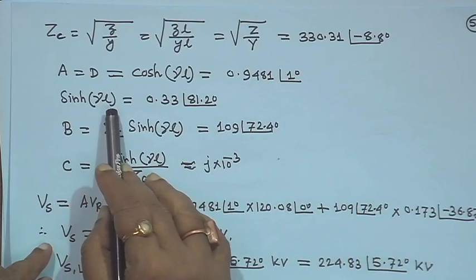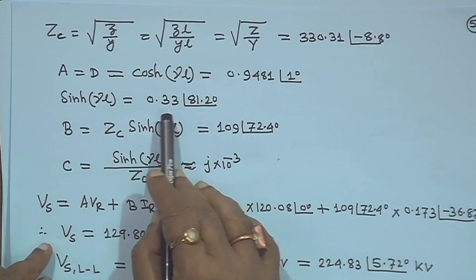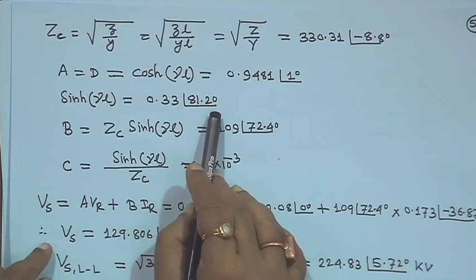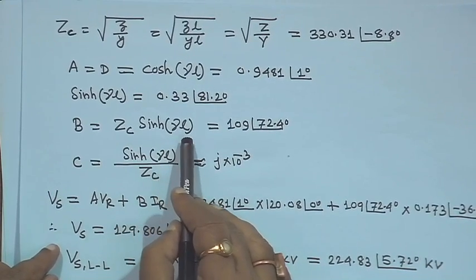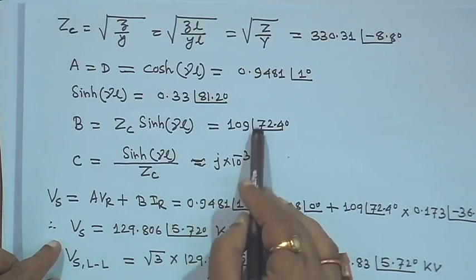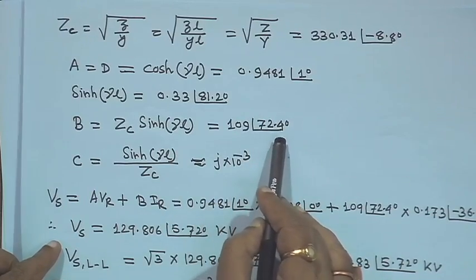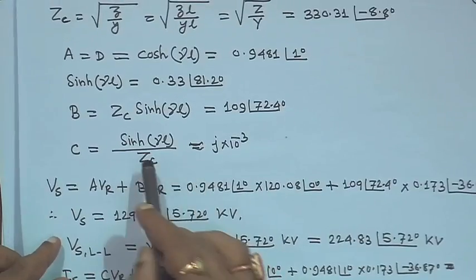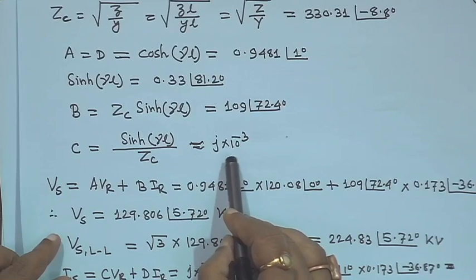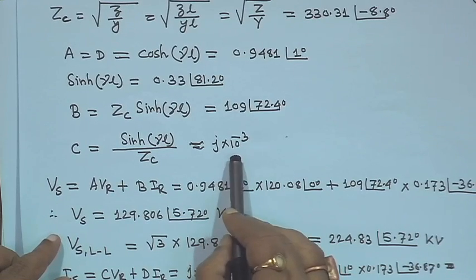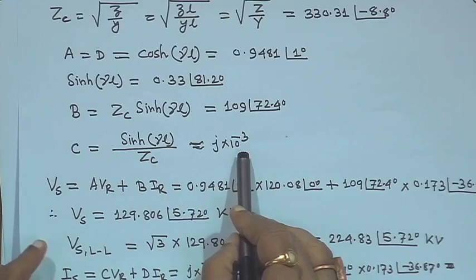Sin hyperbolic gamma L you will get 0.33 angle 81.2 degree, and B is equal to ZC sin hyperbolic gamma L, that will be 109 angle 72.4, and C is equal to sin hyperbolic gamma L upon ZC. You substitute all the values, you will almost get the same value, j into 10 to the power minus 3.